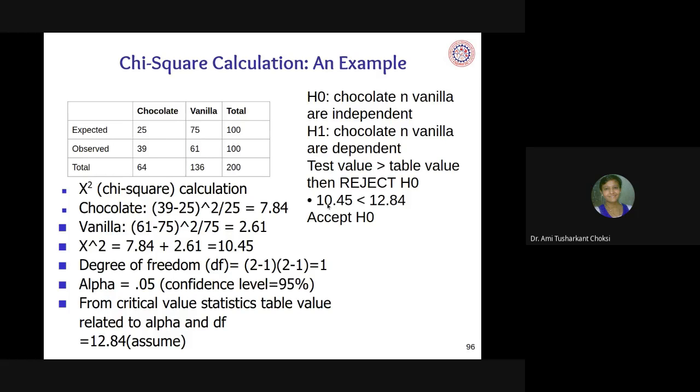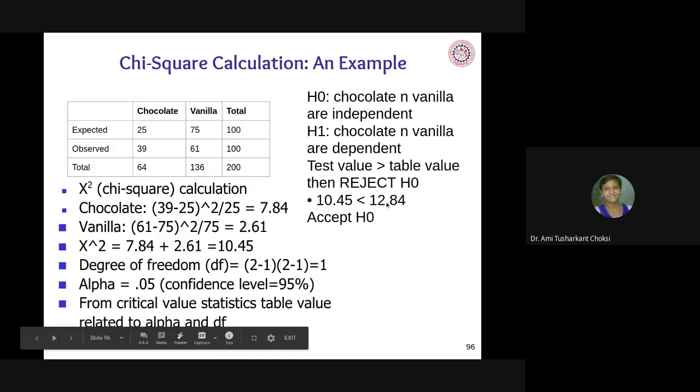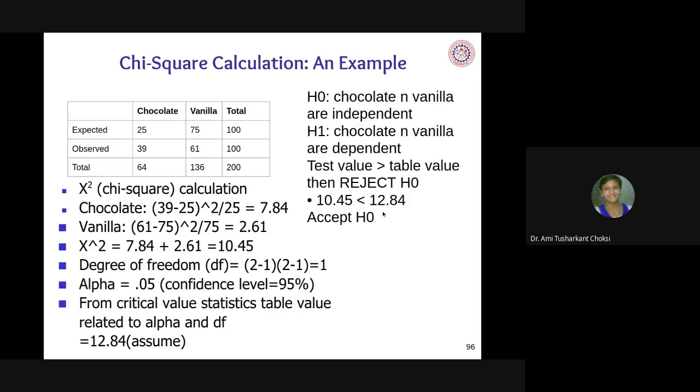So the value we got from the calculation is 10.45, and the value we assumed from the table is 12.84. This is an assumption, right? Normally no assumption should be there, but just now I'm not showing you how to work with the table, so I put one random value to show you how to find the answer.